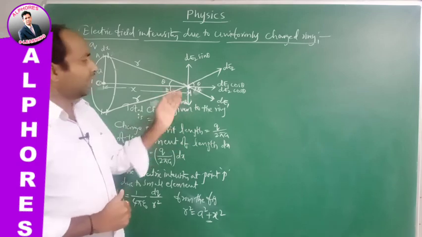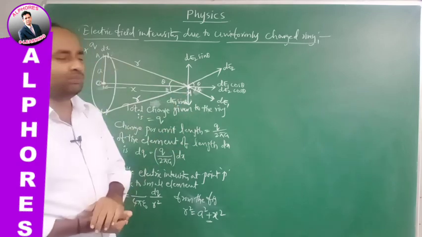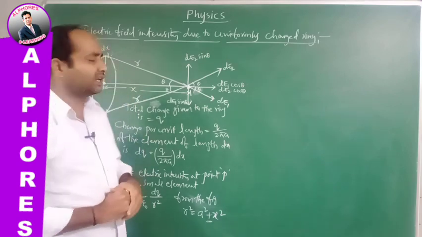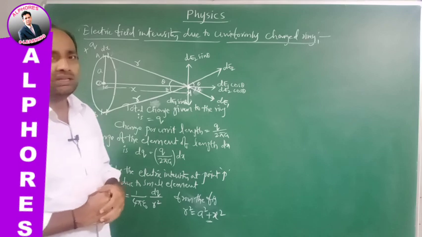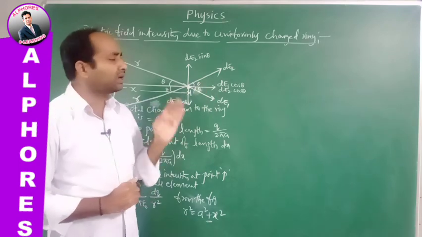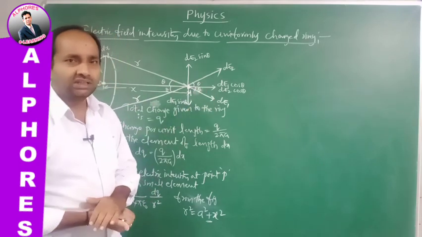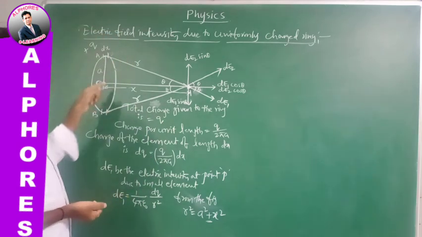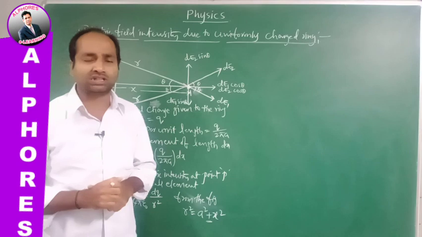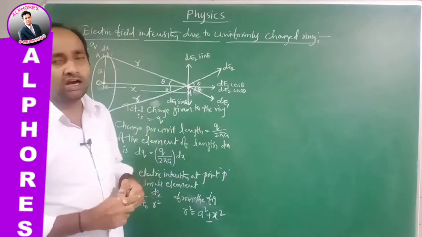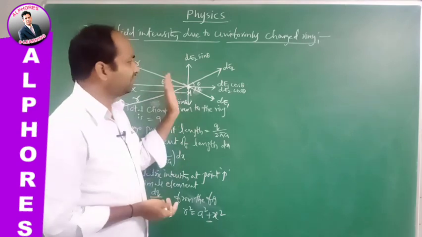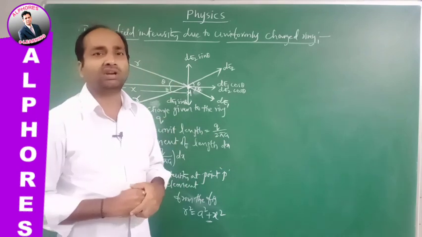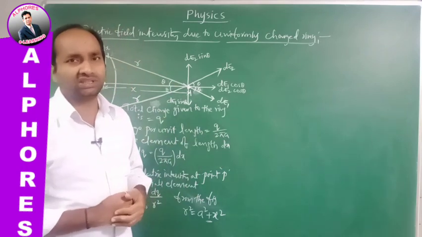Not only these two, you may take any two diametrically opposite elements of the circular ring. The horizontal components are all in the same direction. The vertical components are equal and opposite, so they cancel each other.